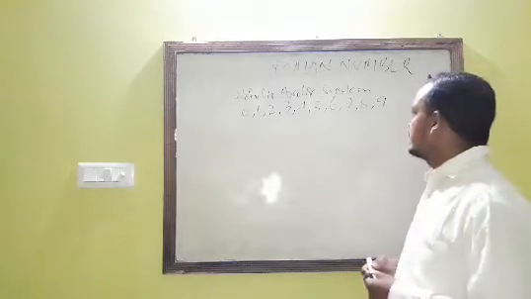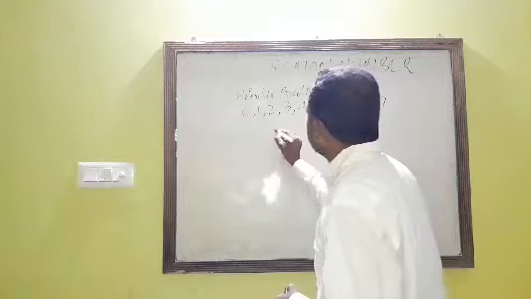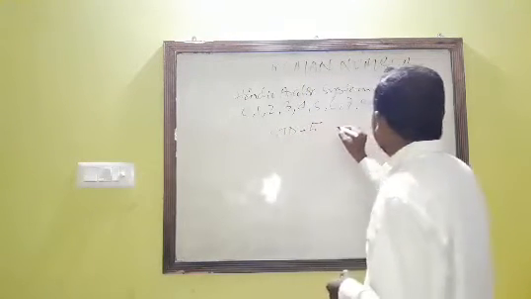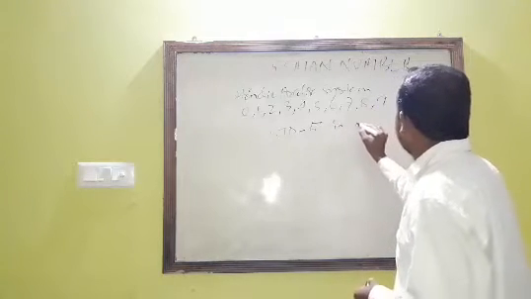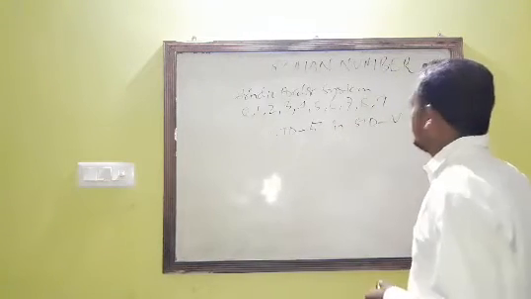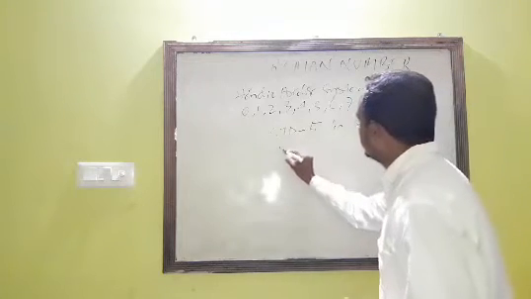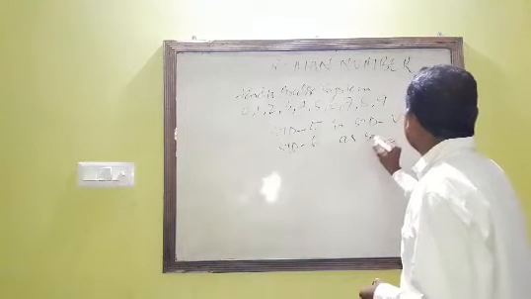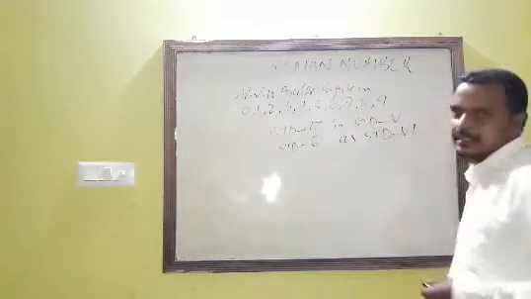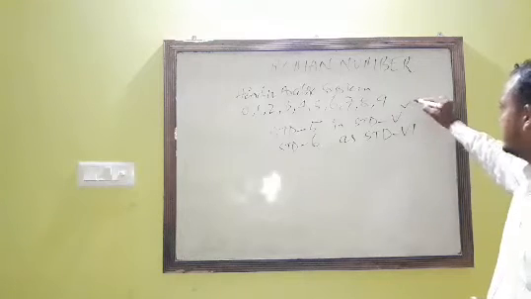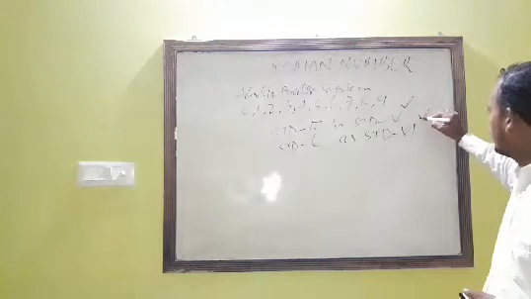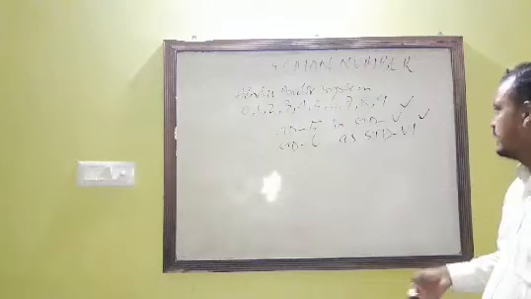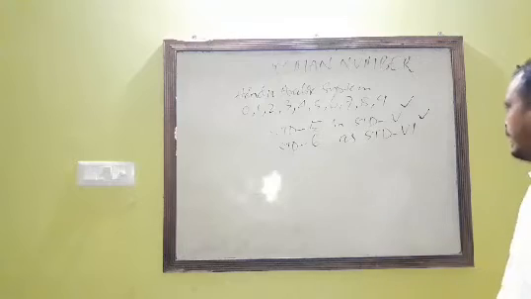Sometimes you write your standard 5 as standard V. Similarly, standard 6 as standard VI. So, these are the Roman numerals V, VI, IX, X, L, like this.